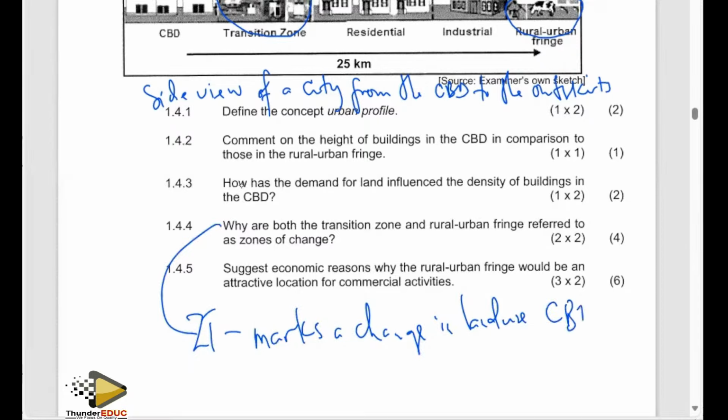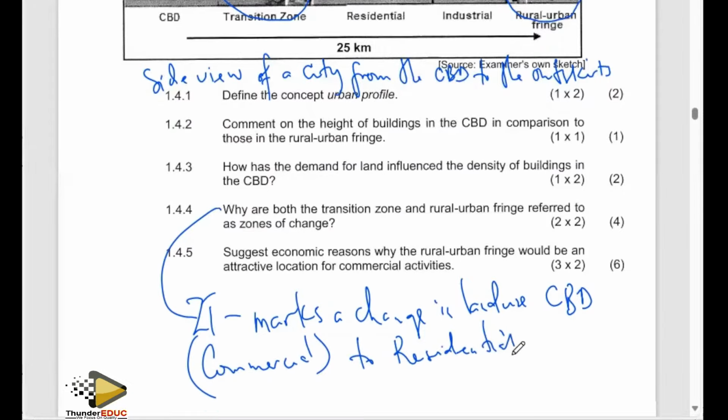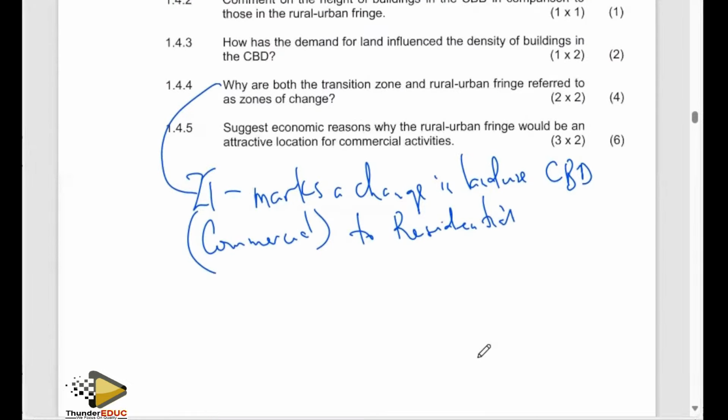From the CBD, which is commercial, land use there is for commercial purposes, and it's changing to residential. This is now the housing of residents. So it's a zone of change because it's in between the commercial land use zone and also bordering with the residential area. So it is marking a change in the land use zone.